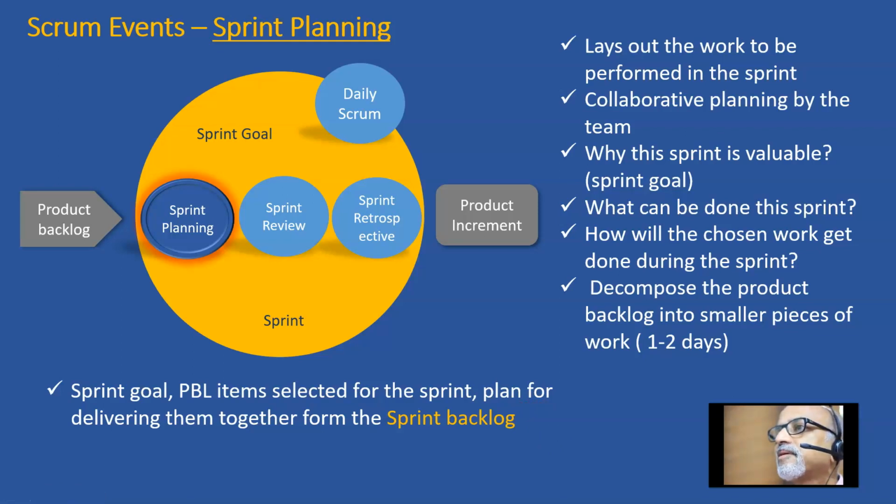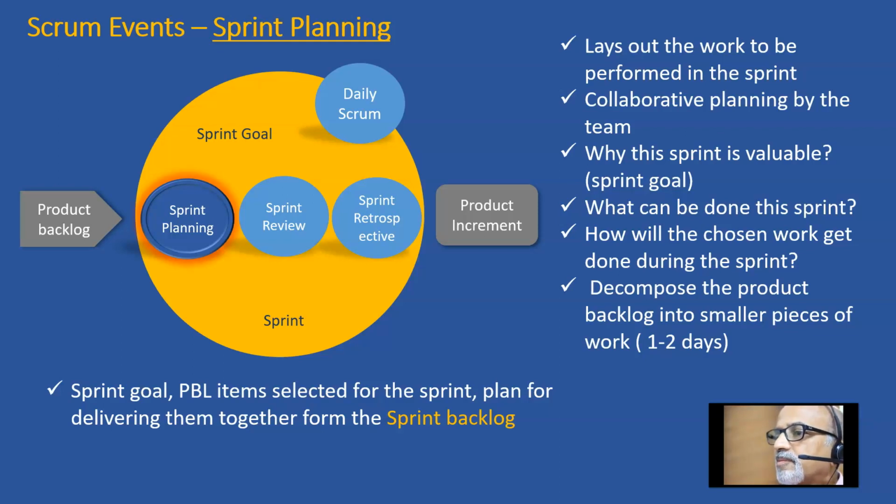So typically for a 30-day sprint, an 8-hour sprint planning meeting is recommended. And if the duration of the sprint is lower than 30 days, sometimes we will be able to complete a sprint planning meeting faster as well.